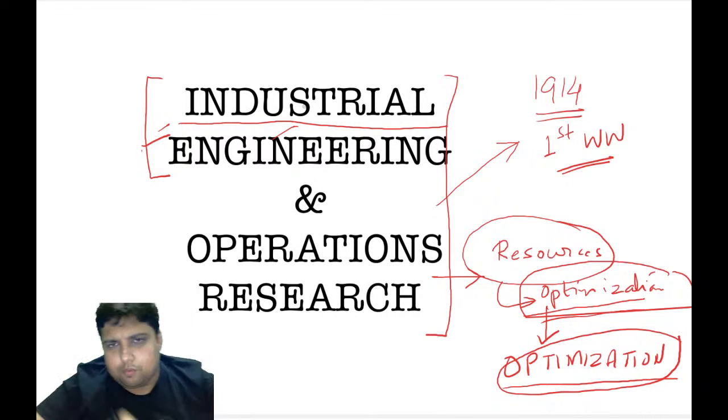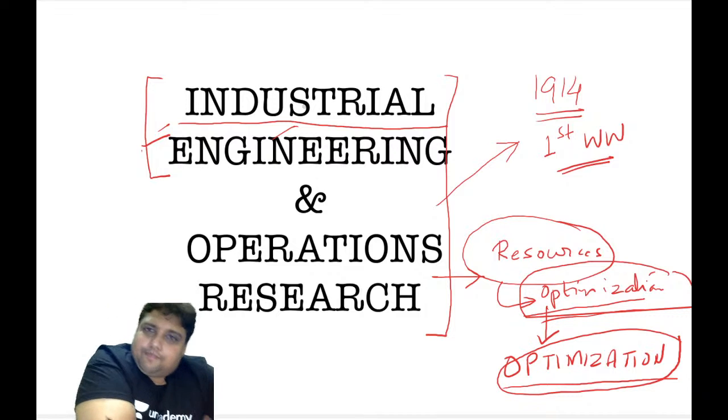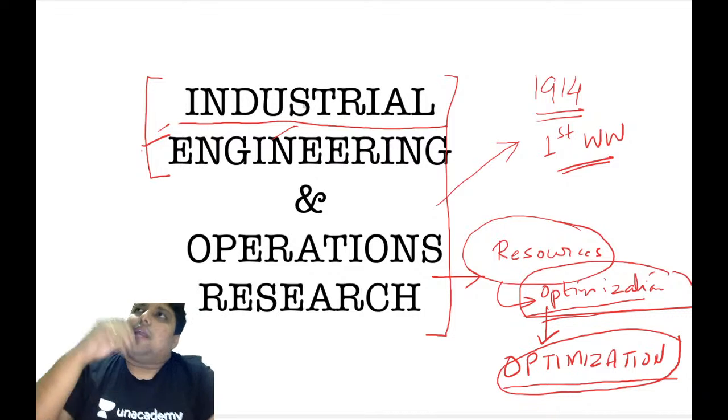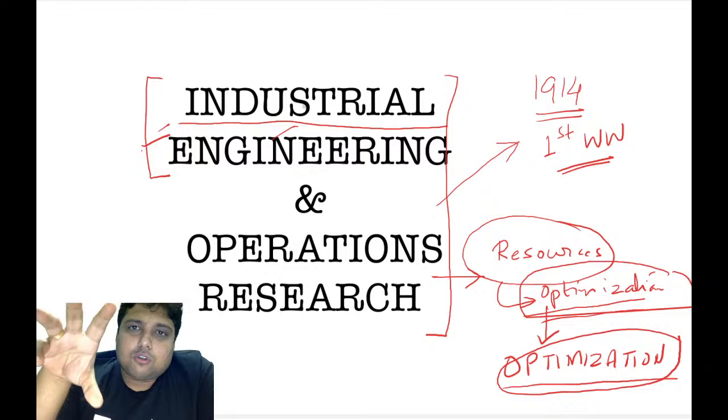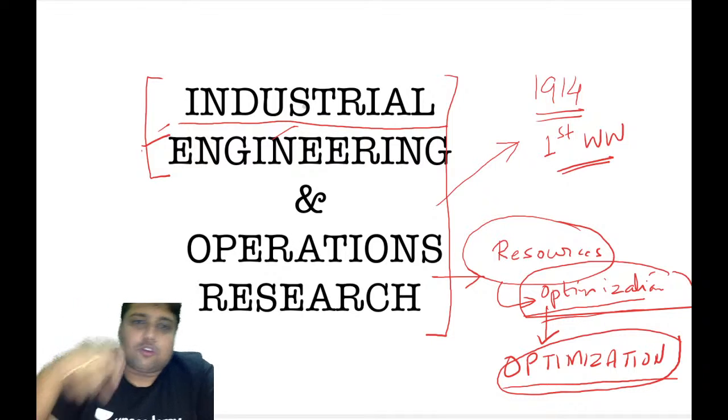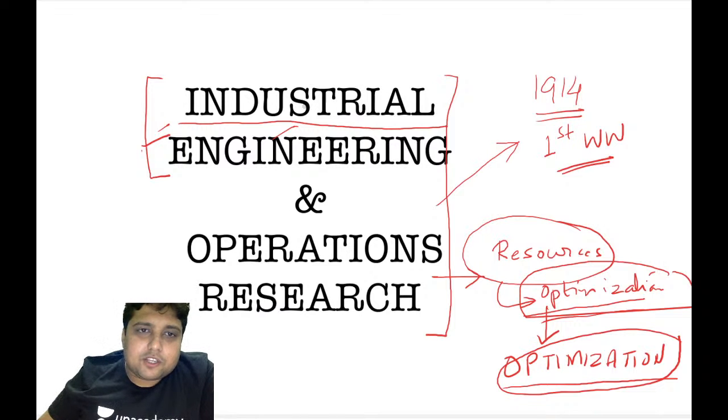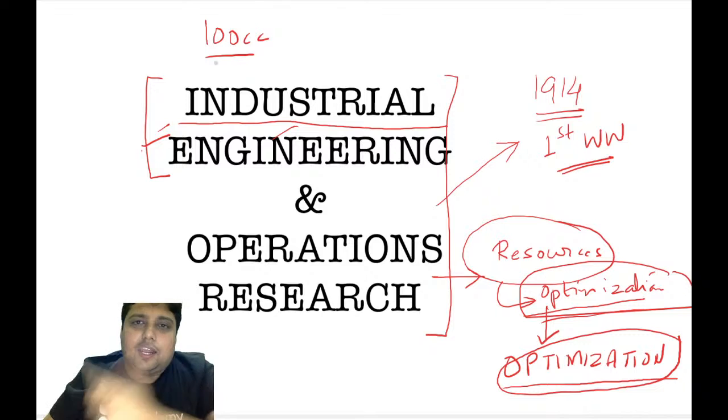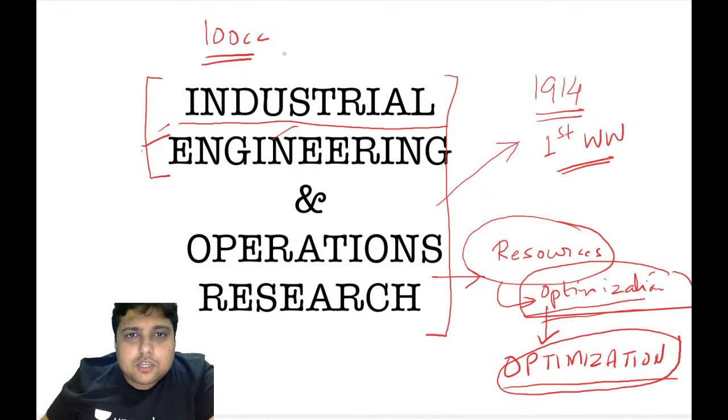Why so? The number one thing, let's take an example. Suppose you want to buy a motorcycle, a 100cc motorcycle, for your daily commute. Now, just look at the options you have in the market.